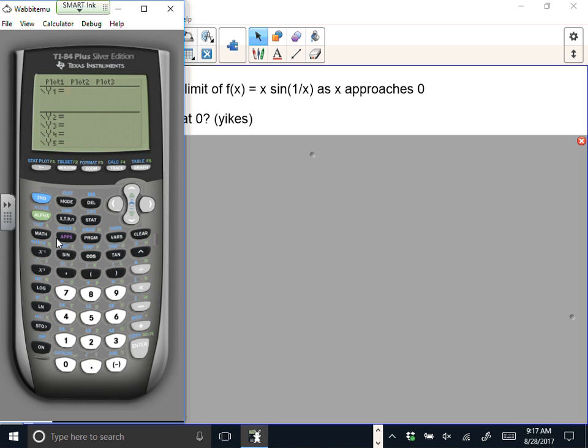It's x sine of 1 over x. Let's also be clear that when you are graphing anything with trigonometry, make sure your mode is in radian mode. Okay?